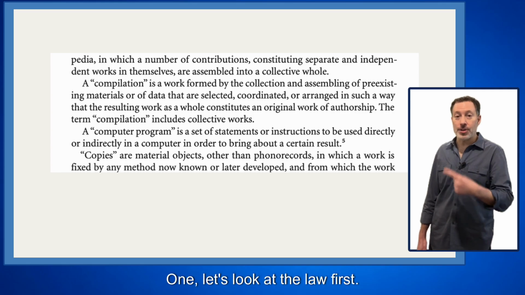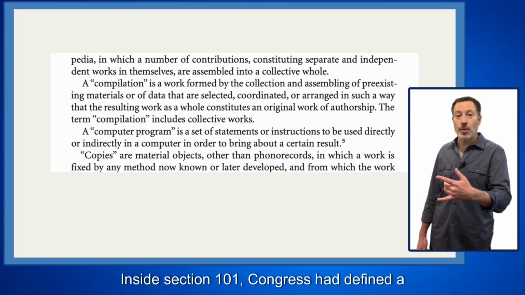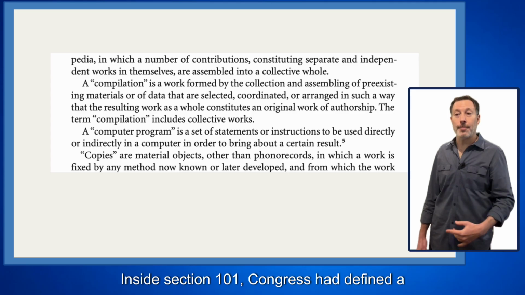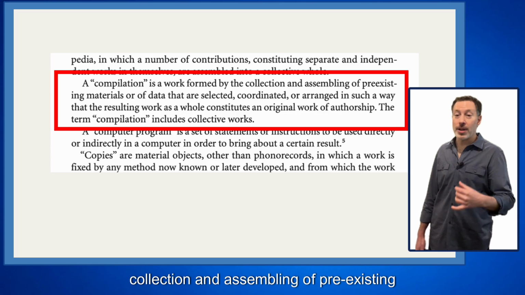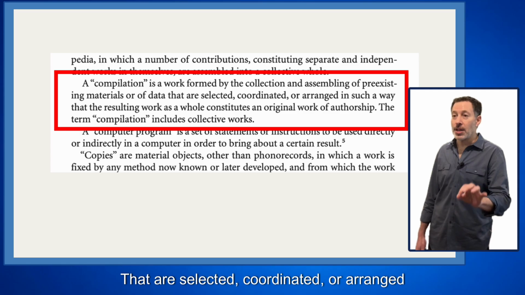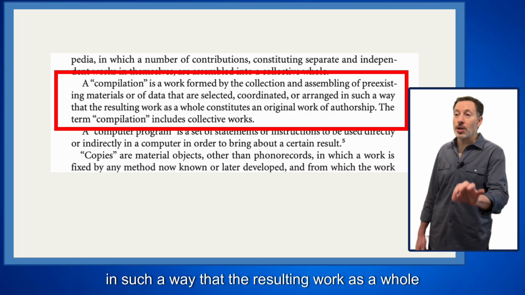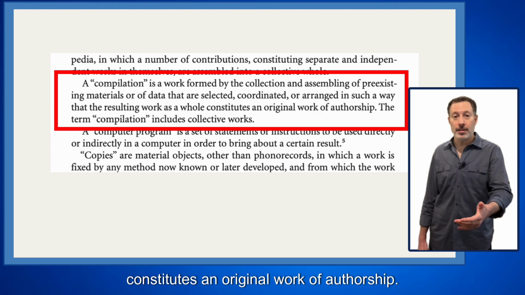And a couple of things. One, let's look at the law first. This is section 101, the definition section. Inside section 101, Congress had defined a compilation. A compilation is a work formed by the collection and assembling of pre-existing materials and data, here name-number pairs, that are selected, coordinated, or arranged in such a way that the resulting work as a whole constitutes an original work of authorship.